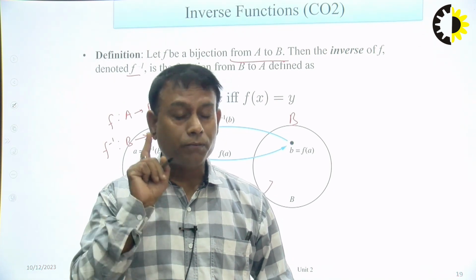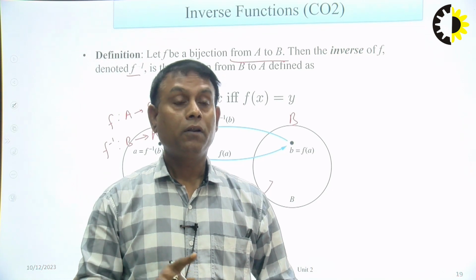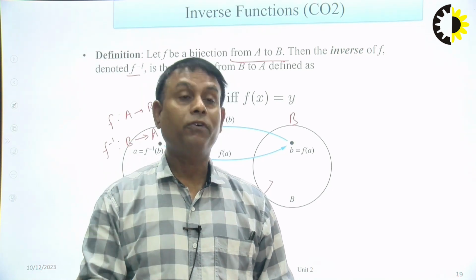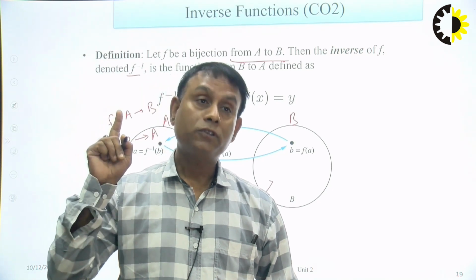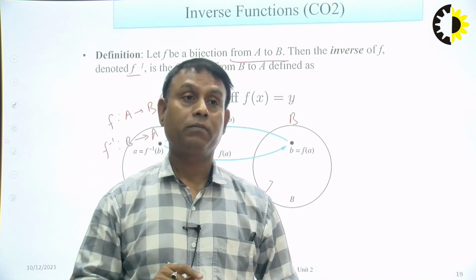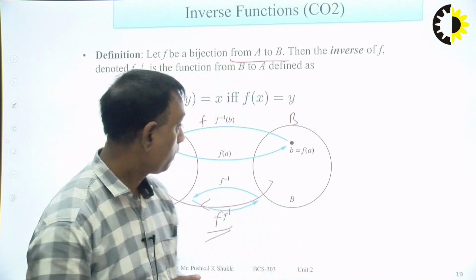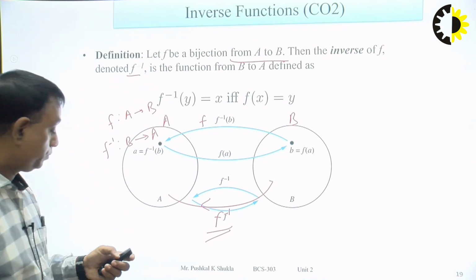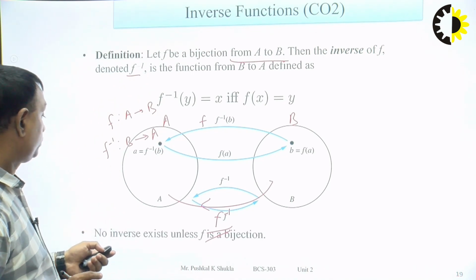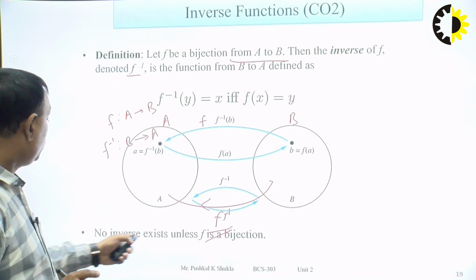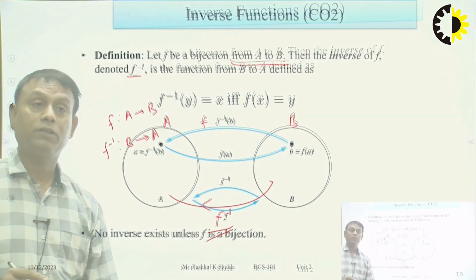The first and foremost condition to calculate the inverse of a function is that the function must be bijective. No inverse exists unless f is a bijection.